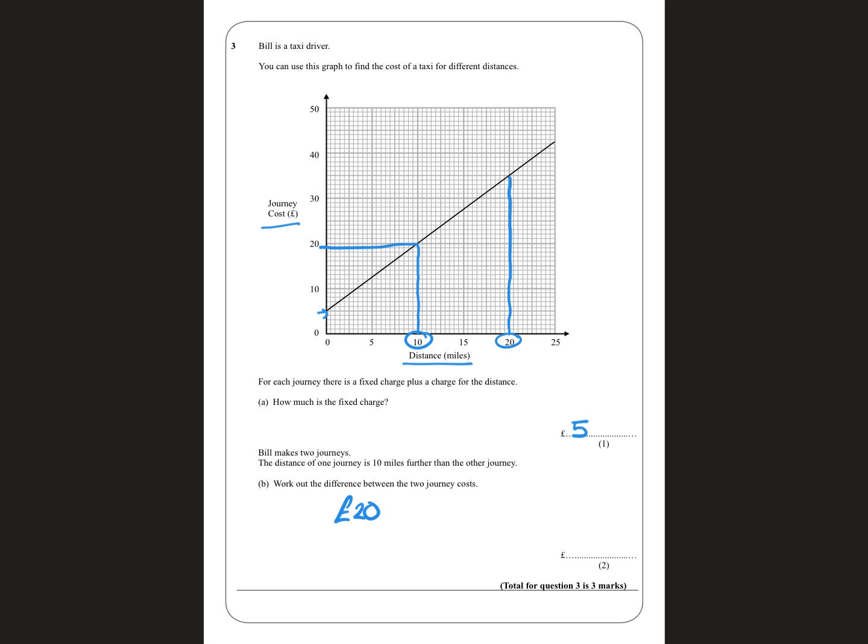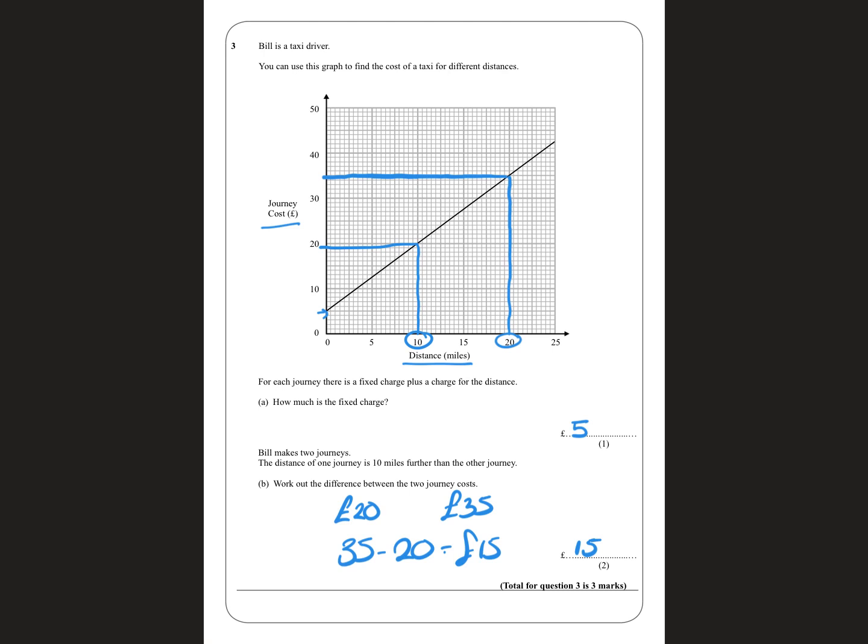And you go up to the line, and then you go across to where you meet the cost, and that comes out exactly between 30 and 40, so that's actually £35. So difference means we're going to take away, so 35 take away 20 will give you a £15 difference. So there's a £15 difference if there's 10 miles between the 2 distances of the journeys.